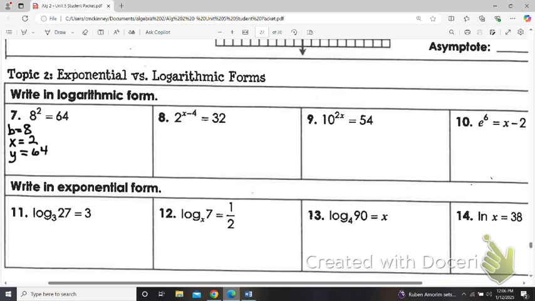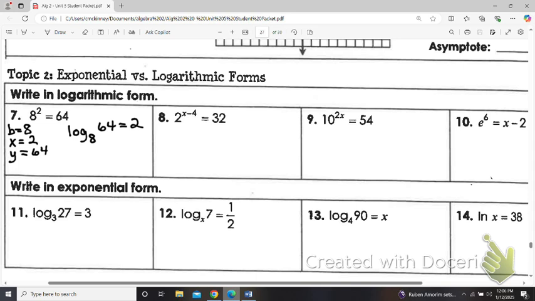Because that's the only other choice. And so then when I write log, to change it to log form, my base is the 8. My y is the 64. And my exponent is the one who gets to be over here alone.